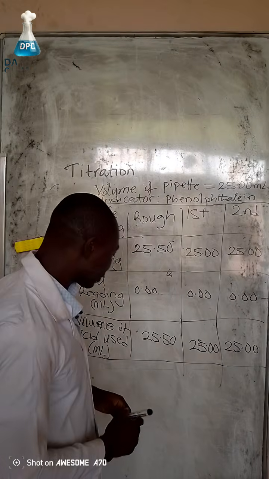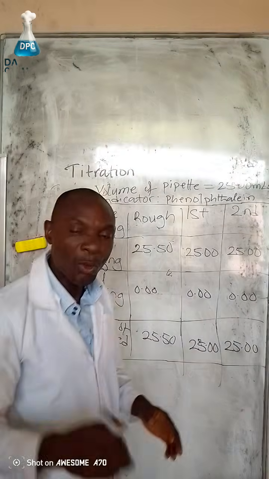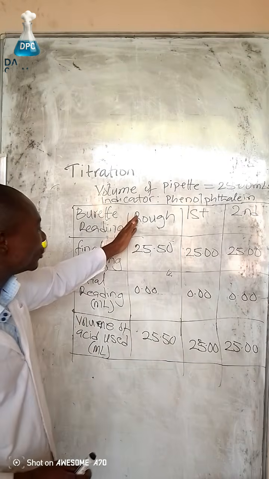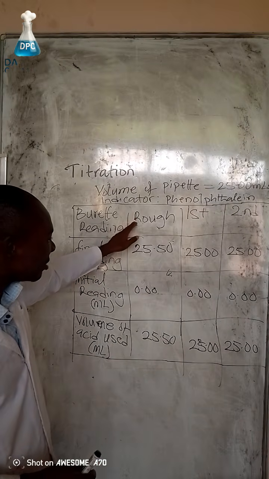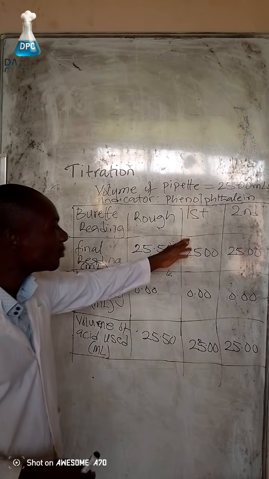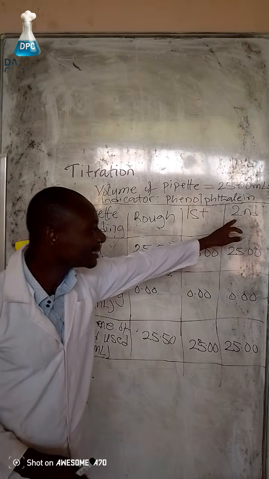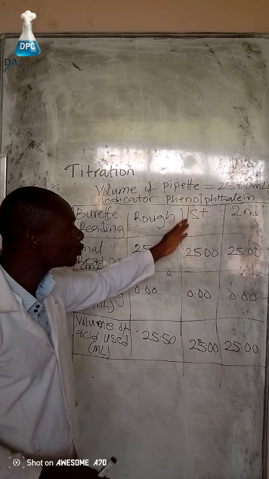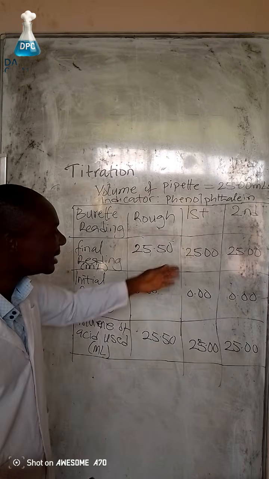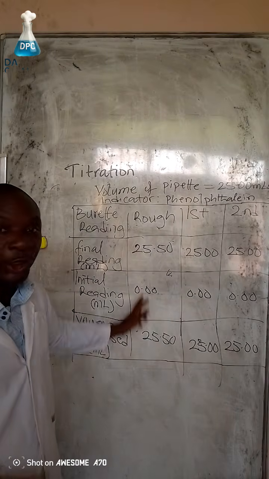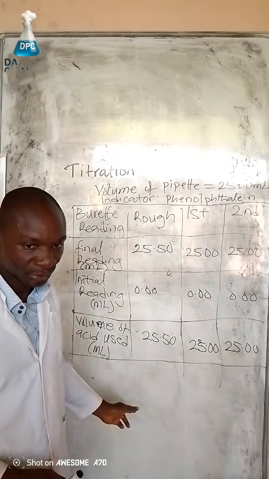Now, in the workings of the average volume of acid used, you are not going to include the readings of the rough titration. You are only working with the first and the second titrations. If you have done 2-3 titrations, then you are required to use the 3 titrations, but ignore the rough titration.